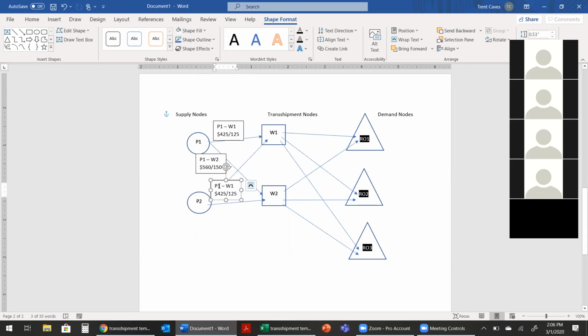So our third is plant 2 to warehouse 1. That's $510 and 175 units.